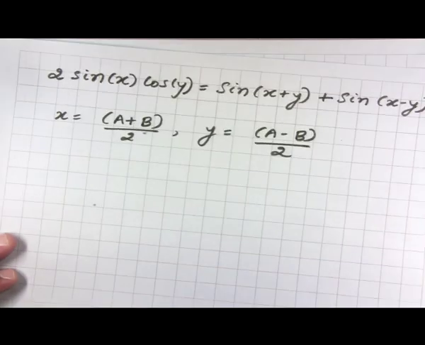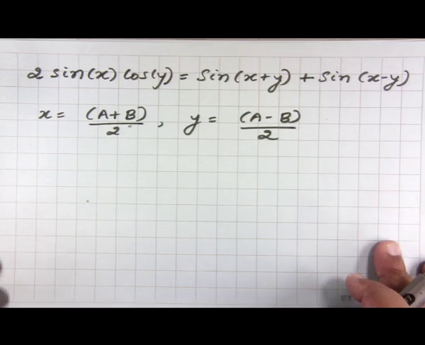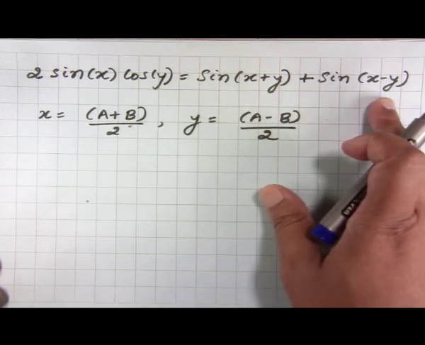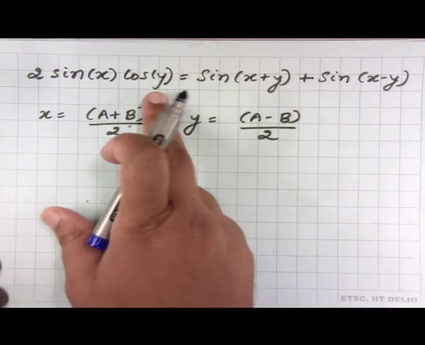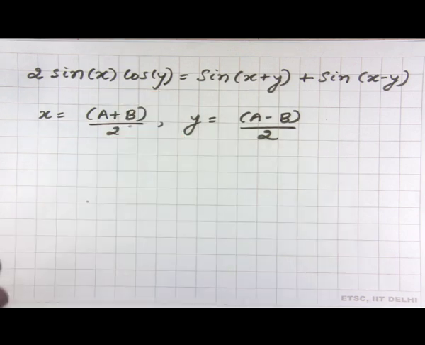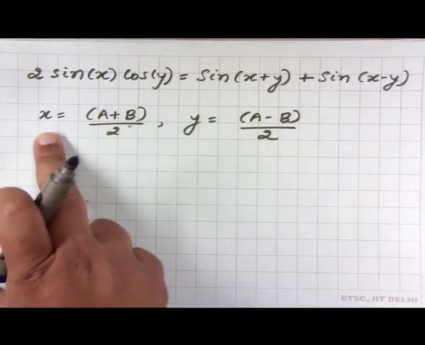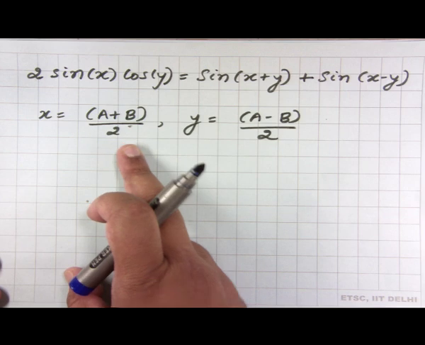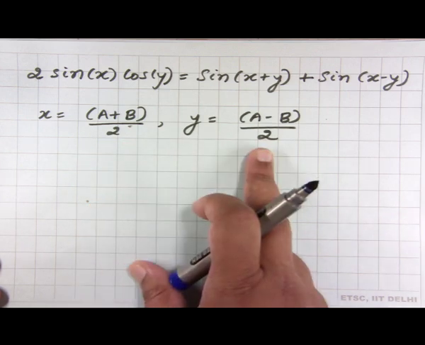Similarly, we know that sine of (x plus y) plus sine of (x minus y) is 2 sin x cos y. And we do the same substitution here again with x equal to (a plus b) by 2 and y equal to (a minus b) by 2.